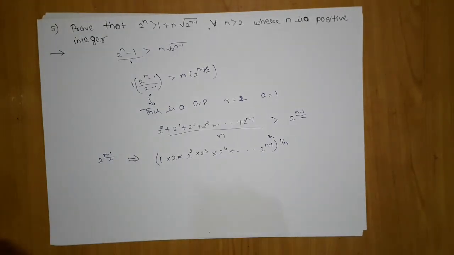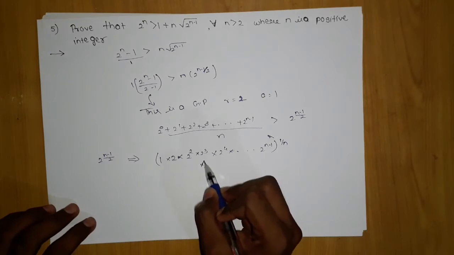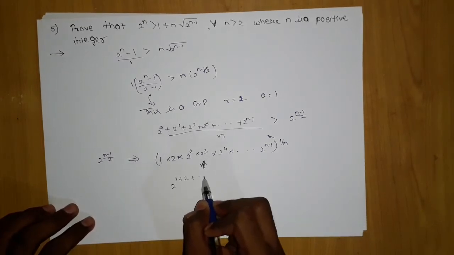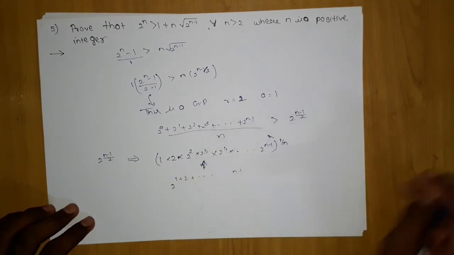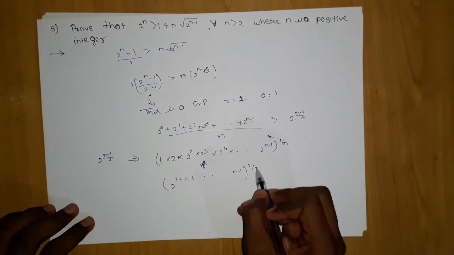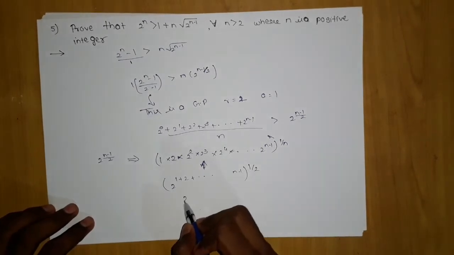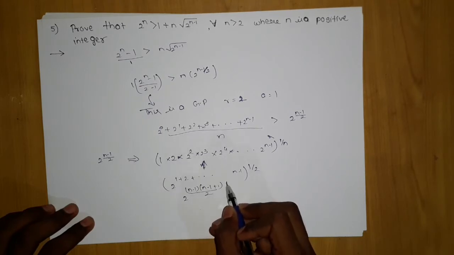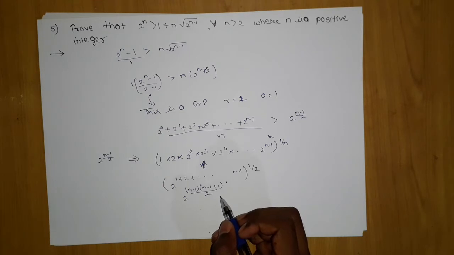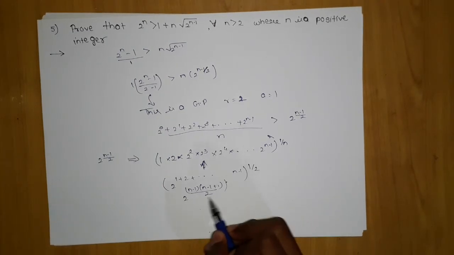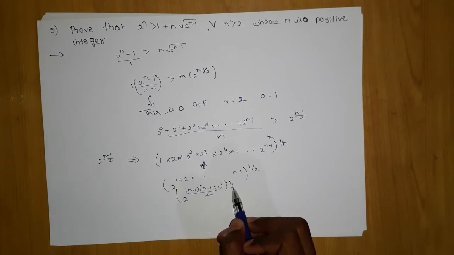So I can explain how this came like this. 2 power 1, 2 power 2, 2 power 3 till n minus 1, the whole power 1 by 2. So this will be n minus 1 into n minus 1 plus 1 upon 2, and here it is 1 by 2.